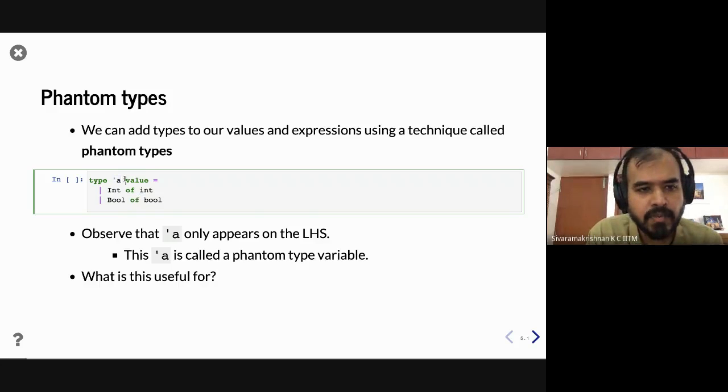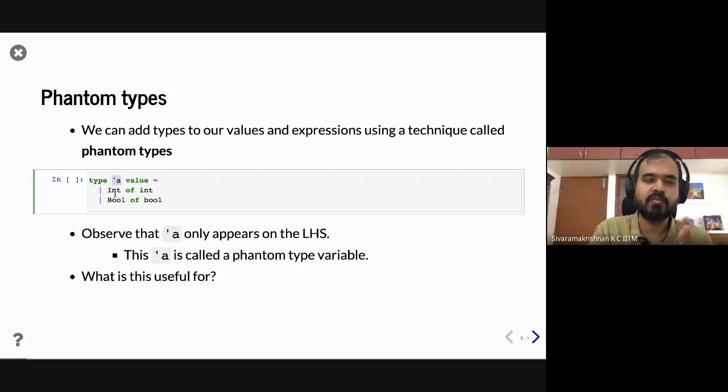So we've seen types with quote A earlier. List is also a quote A type, right? Type quote A list is Nil or Cons of alpha star alpha list. There, the alpha appeared both on the left hand side and the right hand side. Here, alpha only appears on the left hand side, right? So such type variables which only appear on the left hand side of a type definition are called phantom type variables, right?